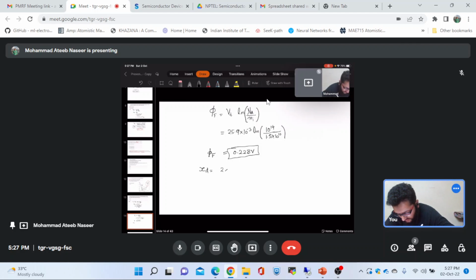So it is 2 into epsilon s, 11.7 into 8.85 into 10 raised to power minus 14 into the 2 phi f, which is 2 into 0.228, divided by QNA, which is 1.6 into 10 raised to power minus 19 into the acceptor doping concentration, which was 10 to the power of 14. Let us solve this.